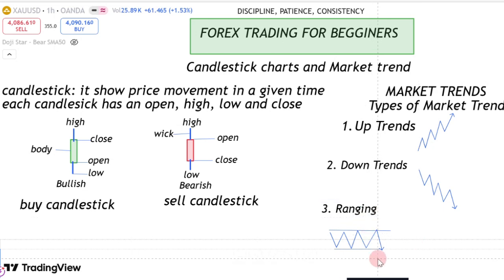So this is when the market is not going up, it's not going down. Some trade it, but as for me, I don't trade in this zone because we don't know what may happen. You can't predict the market.